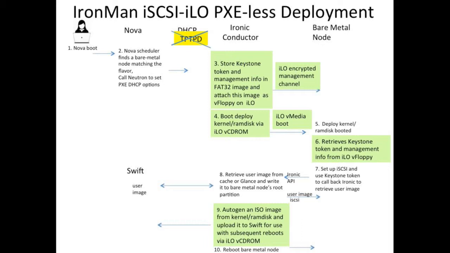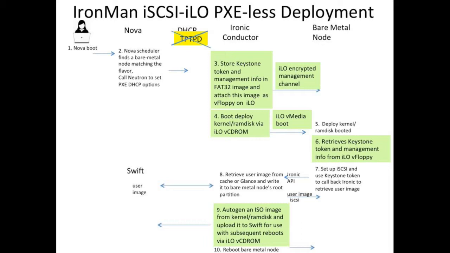The IronMan driver addresses the security issue of the Ironic PXE drivers. It puts the keystone token and management information in a virtual floppy, and then transfers this information to the bare metal node over the iLO encrypted management channel.